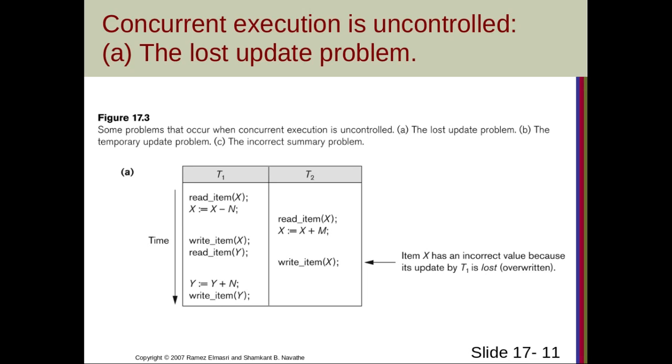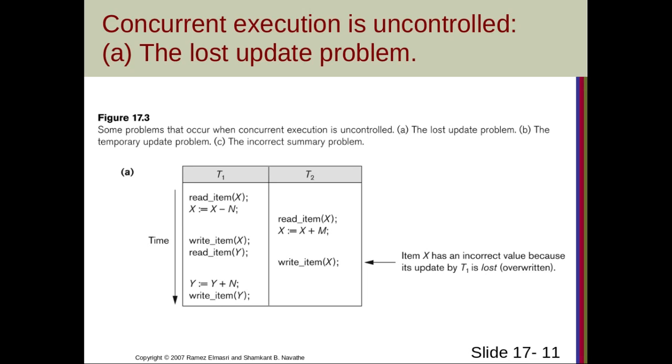What will happen? I am talking about transaction T1. Read item X means we are reading the content of X, and the value of X is 100, which is copied to main memory. Then in main memory you perform X := X - n, so in the copy of that block you have done the decrementation.